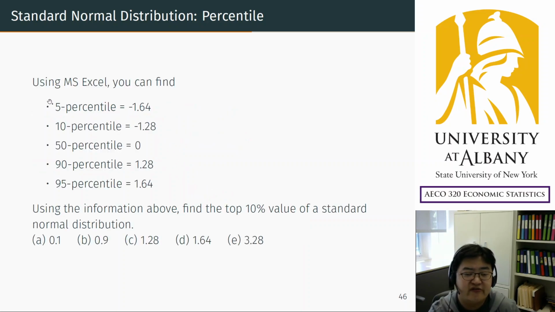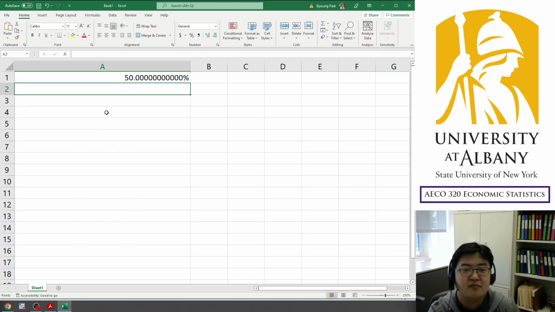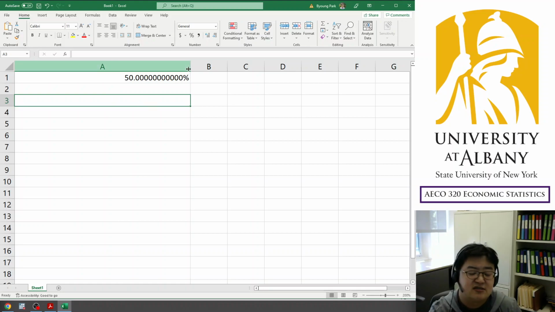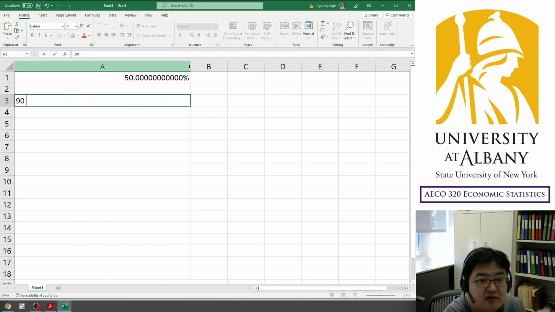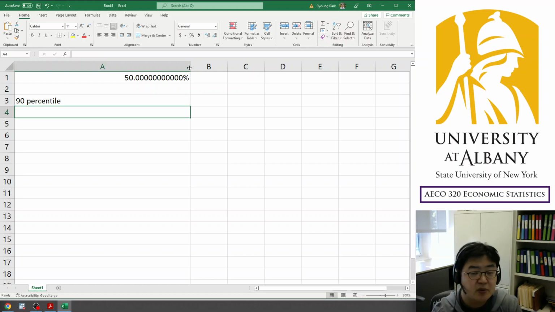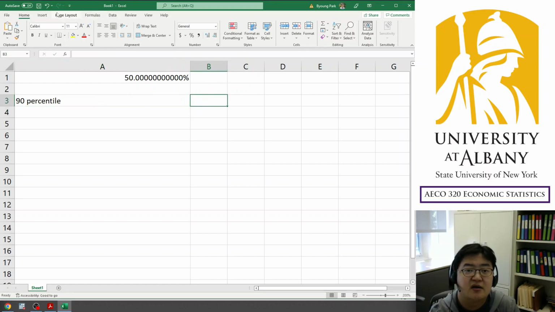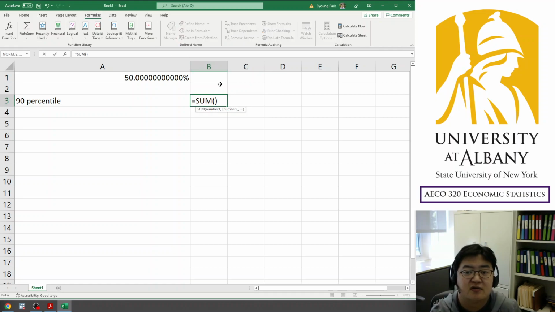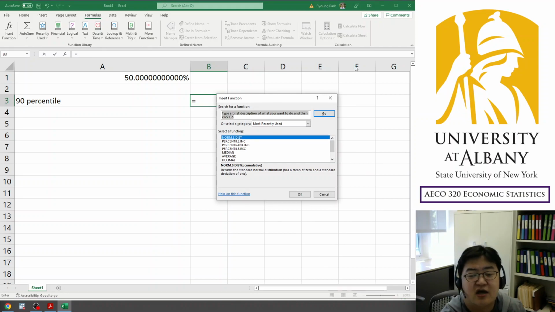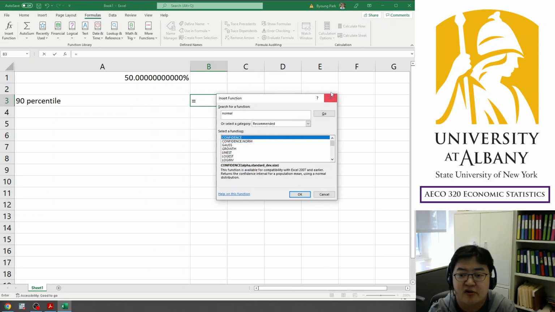So we are going to find those percentiles: 5 percentile, 10 percentile, 50 percentile, 90 percentile, 95 percentile. So back to Excel. How can you find, say, 90 percentile? Go to Formulas, Insert Function, and again I will search for normal and then go down.